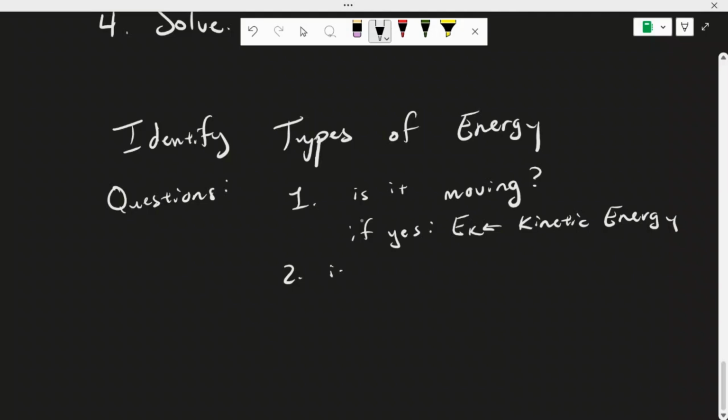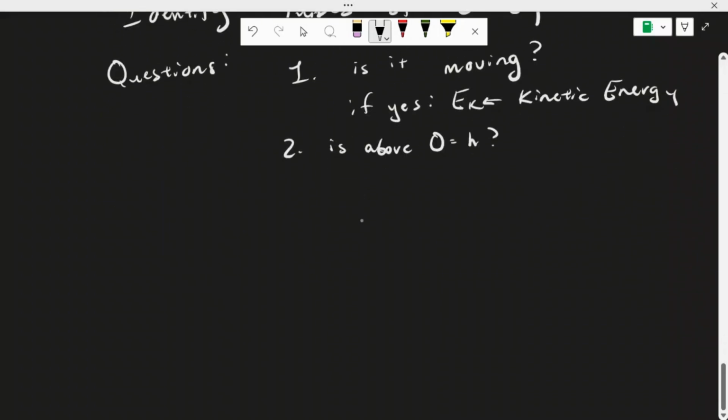Two, is it above 0? If we call the lowest point in our problem 0, is it above that point? If yes, then you have U sub g, which is gravitational energy, which is mgh. This is 1/2 mv squared up here for kinetic energy.